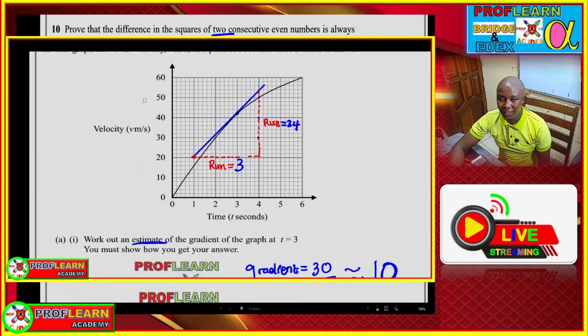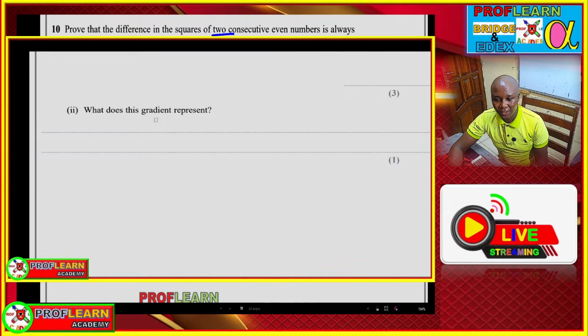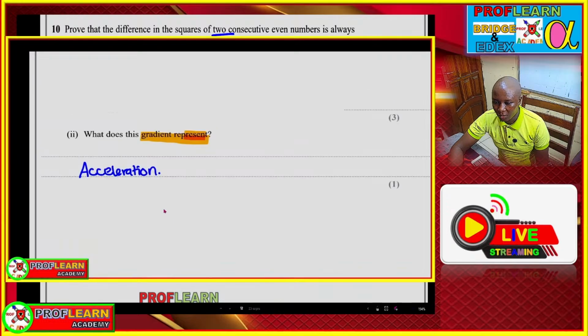But if it was distance against time, the gradient would represent velocity. But also you need to remember here that the area under this graph, because it's a velocity-time graph, is going to represent the distance covered. But the gradient of this graph is representing acceleration, and basically we are going to say acceleration of the object.